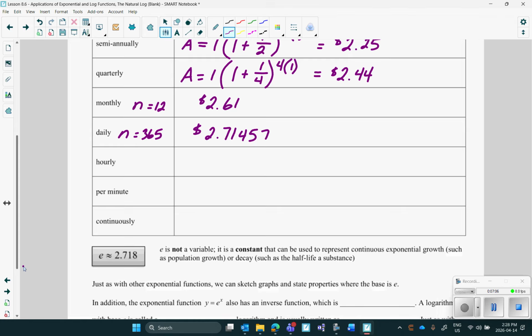Yeah. And per minute, that's 525,600 per minute. So it starts to slow down even more.